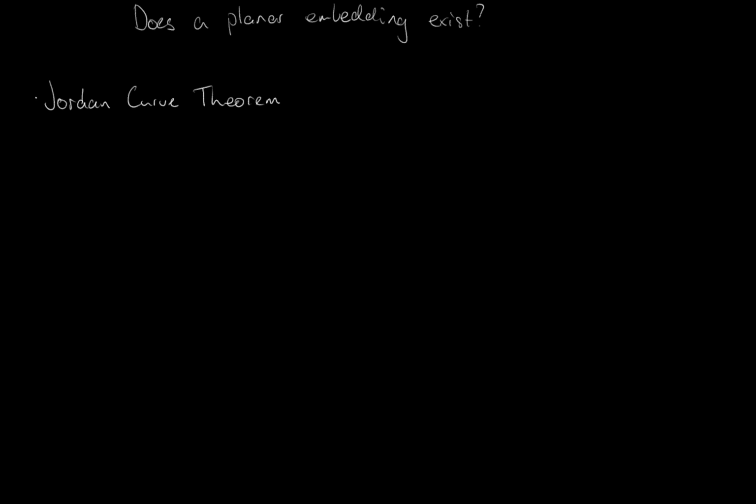A curve is, so this is not yet the theorem, a continuous image of a closed unit line segment. So it's probably what you think it is. It's a curve. That's a curve. This is a curve. And that's the definition of what a curve is.